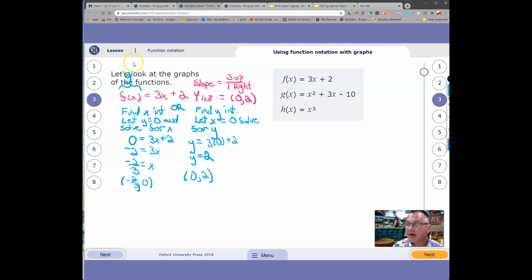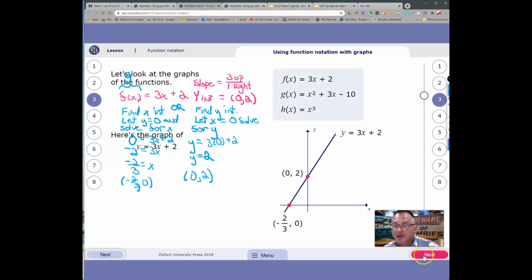Okay, remember, f of x is the same as y. So I just took that out, and I put 0 in its place, and I solved it. So that's where it crosses the x-axis. And then, obviously, if we plug 0 in for x, this turns into 2, and 0, 2 would be our y-intercept. Okay, and there's our graph.